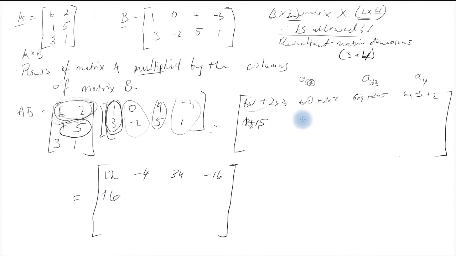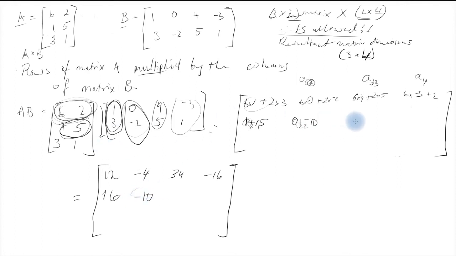Now next, this is our A2,2. So it's second row, second column. So 1, 5 times 0, minus 2. 1 times 0 is 0. We've got 0 plus 5 times minus 2 is minus 10. So that one is minus 10.